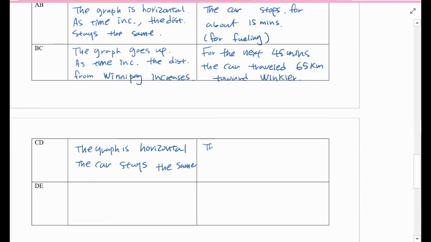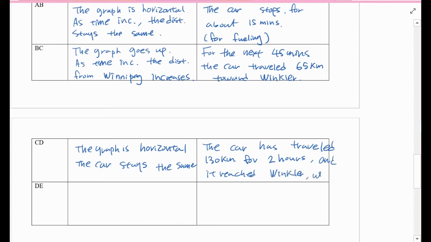So we say the car has traveled 130 kilometers for 2 hours, and it reached Winkler, where it stops for 2 hours.